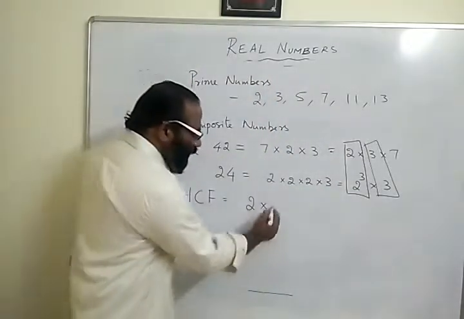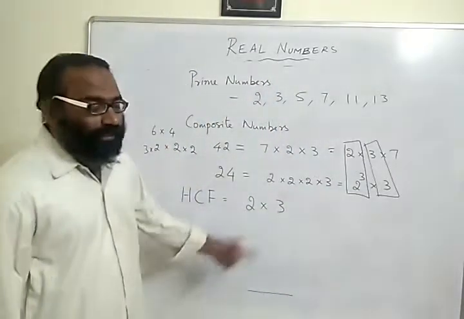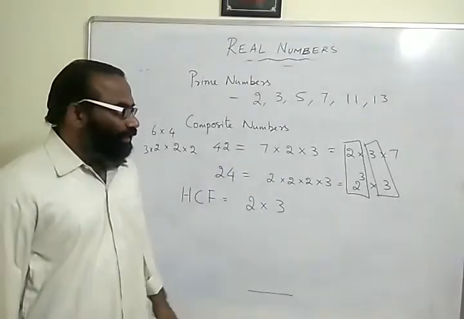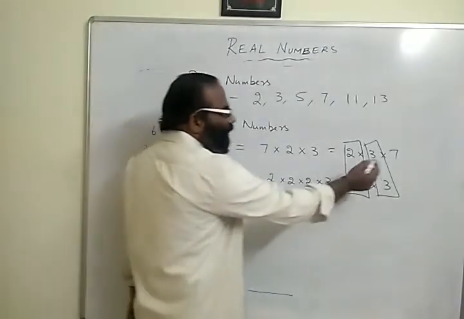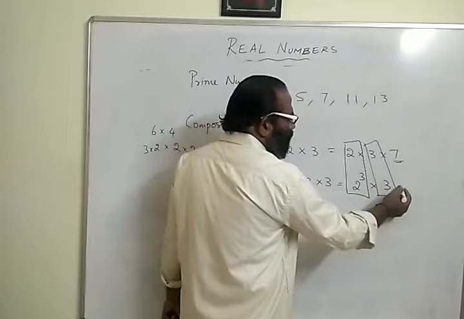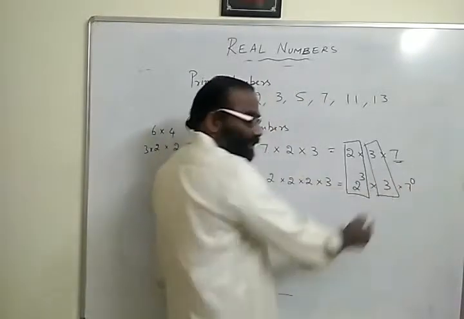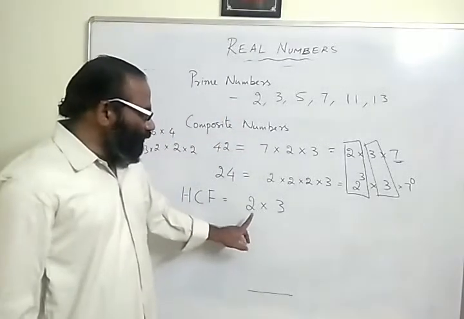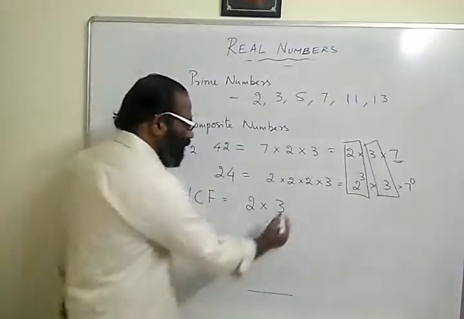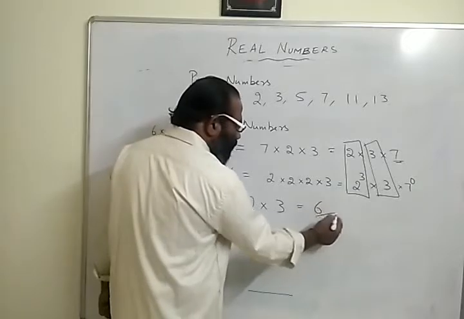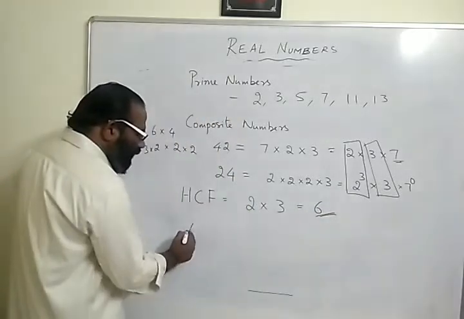So we will take 3. And 7 is there only here. Here there is nothing, so basically it means 7 power 0. So the smaller one would be 1. So what you are doing is taking 2 into 3, which is equal to 6. What about the LCM?